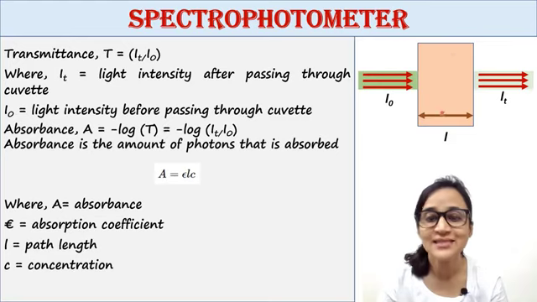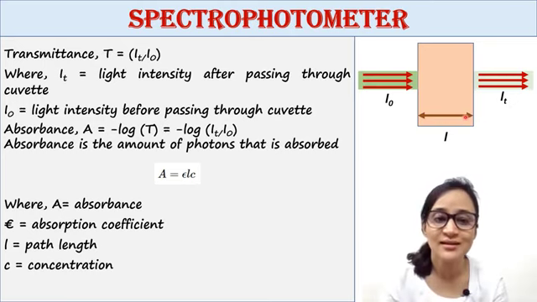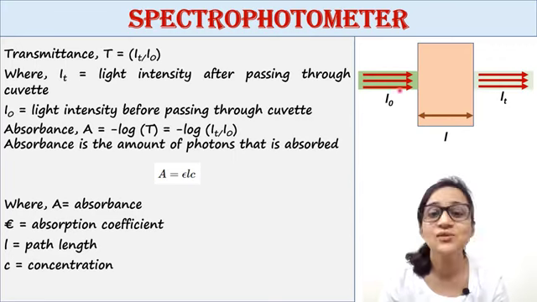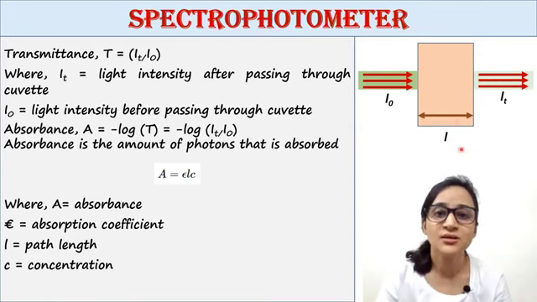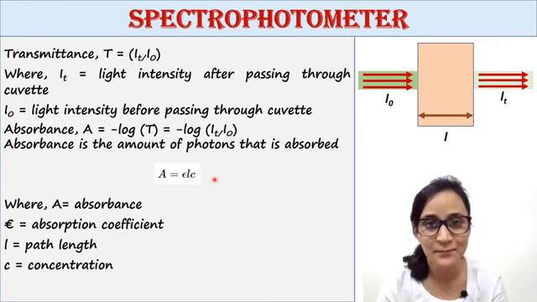So here we can say this is the cuvette, here it is I0 and it is IT, and this is the length of the cuvette, that is L. The light requires to pass through this path, this is L, and this is generally 1 centimeter. So from this equation, we can calculate the concentration of a sample.